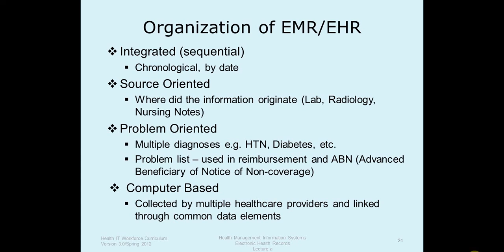So they're really problem oriented because they're based on your cardiac issue, your problem with your heart, and those related problems, whether that's hypertension or congestive heart failure that are all related to cardiac. Often used when somebody has multiple diagnoses in a primary care office. And a problem list follows closely with that. You usually have a problem list, which then results in the term problem oriented. The problem list leads to these multiple diagnoses.